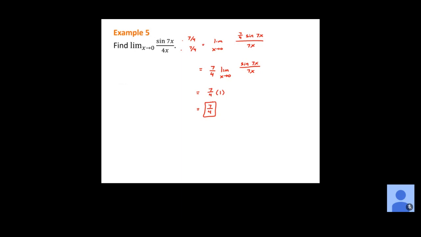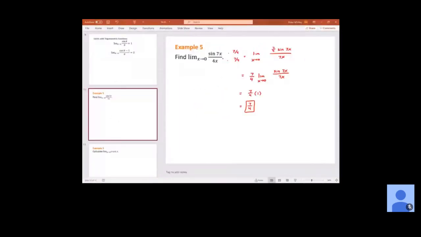Any questions on that one? All right. So we're going to stop there for that section, because I want to get into 2.5 and show you the chain rule at least a little bit today.